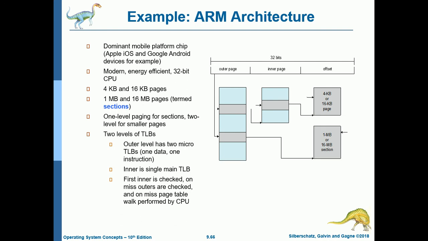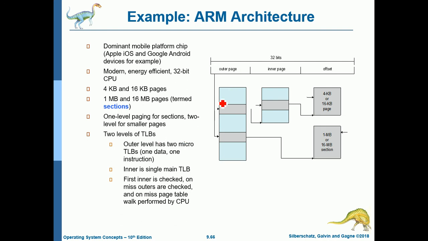So, it has two levels of TLBs. The outer level has two micro TLBs, one data and one instruction. And then the inner is a single main TLB. First the inner is checked. On a miss, the outer ones are checked. And on a miss, a page table walk is performed by the CPU. So, it's 32-bit, composed of the offset, inner page and outer page table.